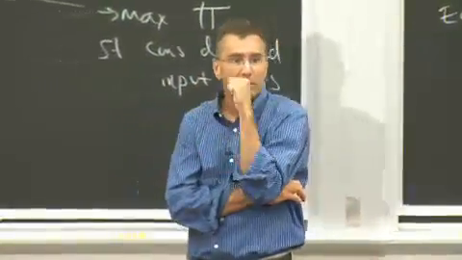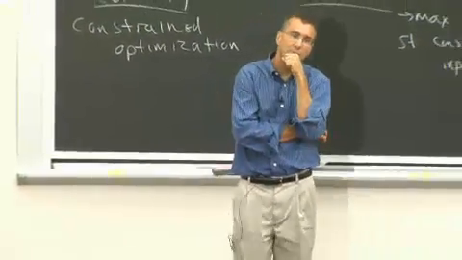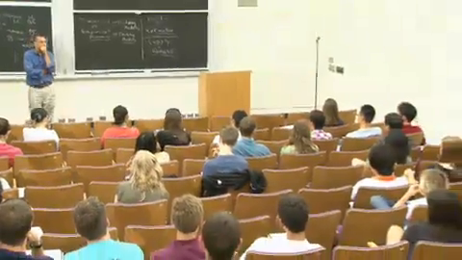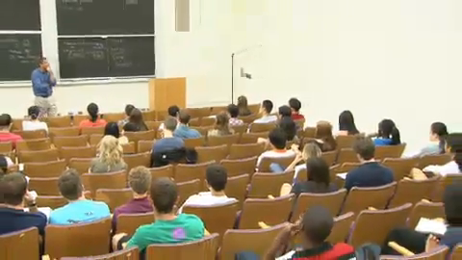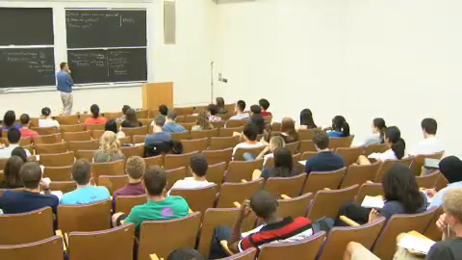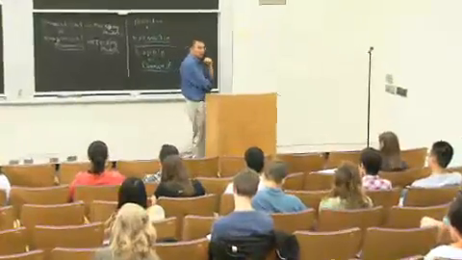Or is there another argument? Is there another reason why you might not want this to happen? Yeah? Maybe it would encourage illegal ways of getting a kidney. Yeah, the other reason could be that we don't trust people to make good decisions when money's involved.